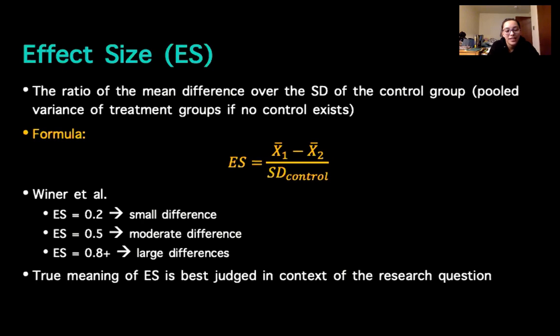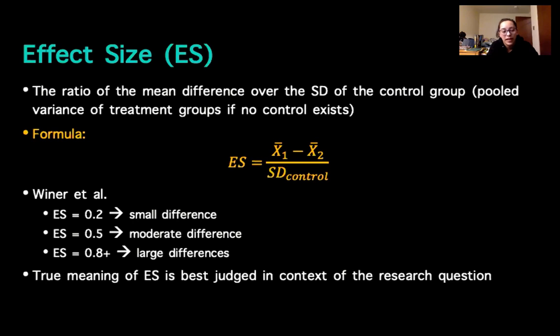But the effect size tells us if the significance carries any weight. We could have a significant difference, but the difference between the means could be super, super small. And in terms of the sample or the population of interest, okay, cool, it's significant, but did the intervention really, really change anything? Right? So that's why effect size is important.